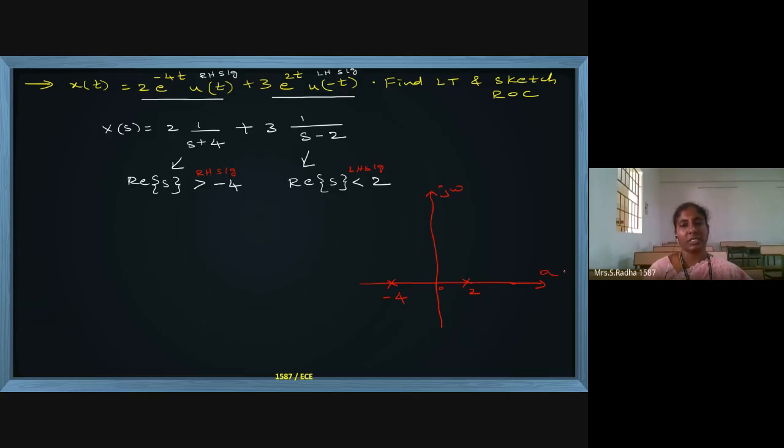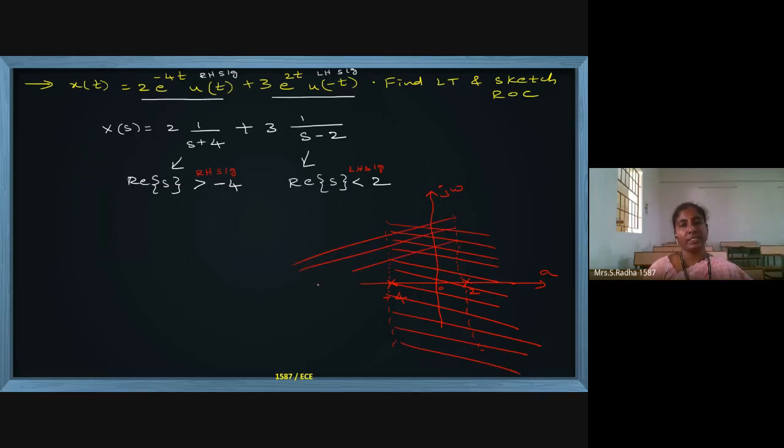Real axis, imaginary axis. Greater than minus 4: draw a dotted line here. And less than plus 2: draw a dotted line here at plus 2. You have to draw completely greater than minus 4, and less than plus 2, which means up to minus infinity.